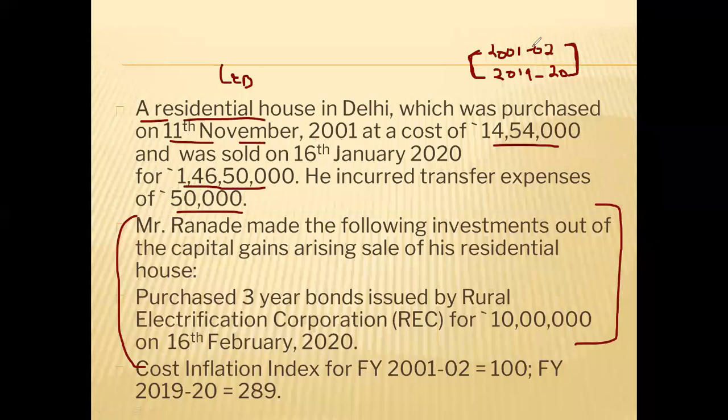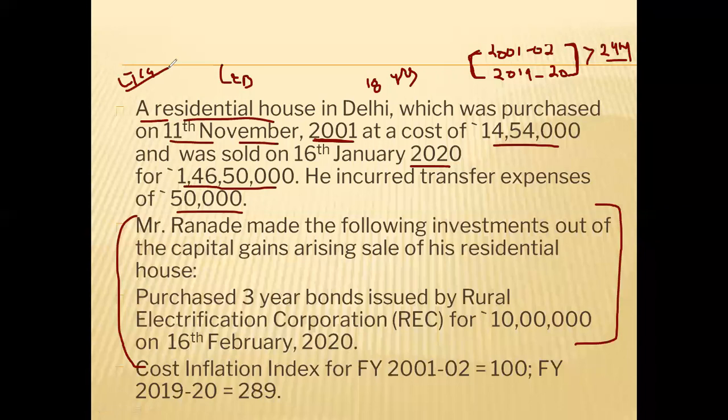Long-term capital gain, very correct, because the period of holding will be more than 24 months. Period of holding is approximately 18 years, which is more than 24 months, that is 2 years. So this will definitely be long-term capital gain.